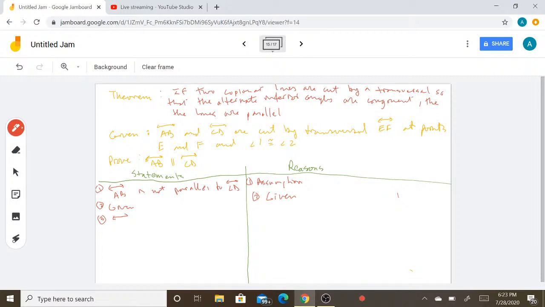So AB and CD intersect at point P. And that's part of the assumption. It's just building off of what we said at first.